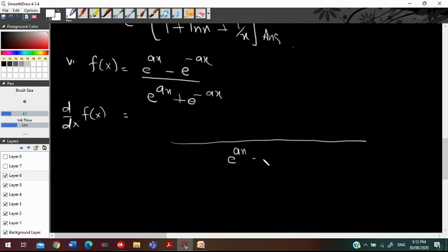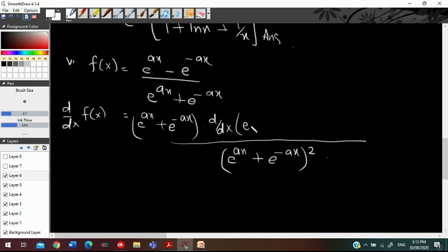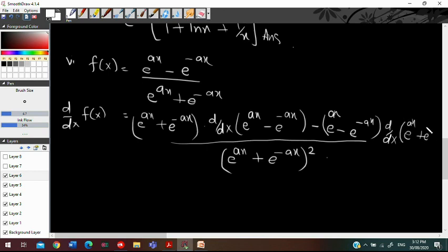So exponential of ax plus exponential of minus ax whole squared in the denominator, and then exponential of ax plus exponential of minus ax will remain the same, and we apply the derivative on exponential of ax minus exponential of minus ax, minus exponential of ax minus exponential of minus ax will remain the same, and you apply the derivative on exponential of ax plus exponential of minus ax.